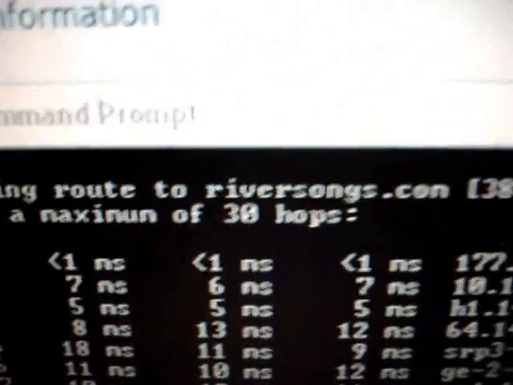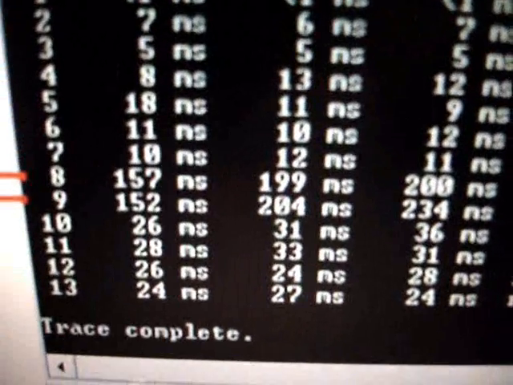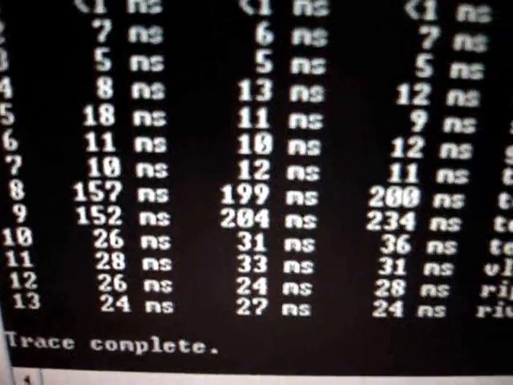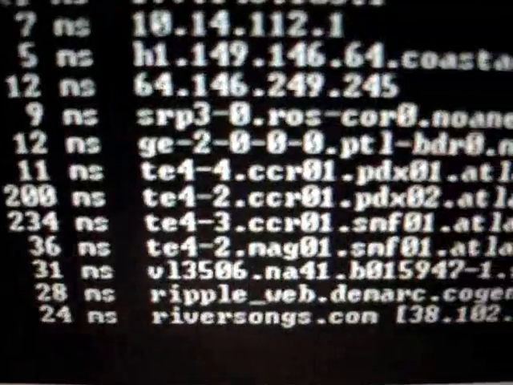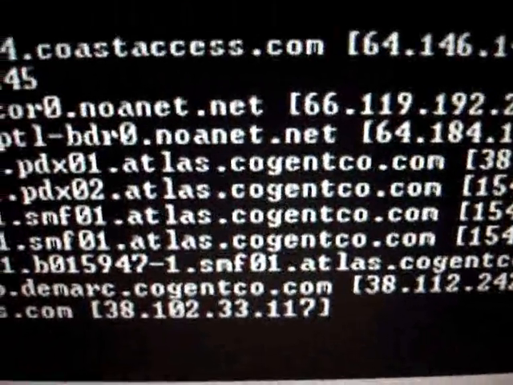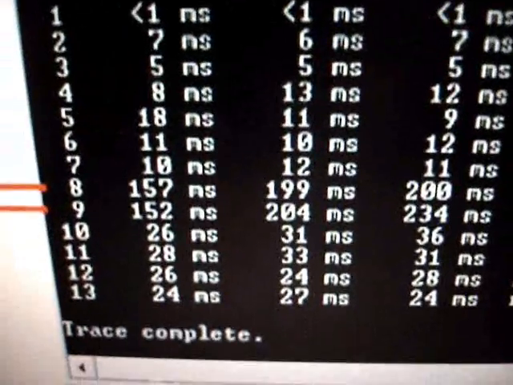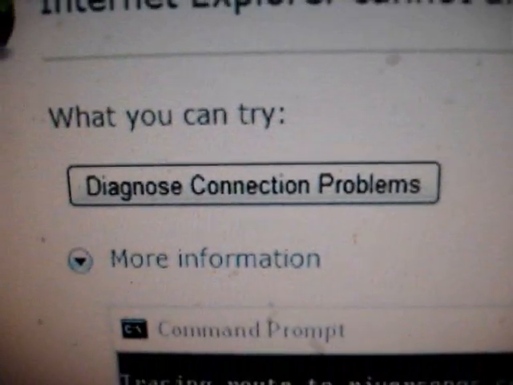I'm trying to go to my site again because I'm having problems accessing my website. Well, here we go. We have two areas that are very different from the rest, and they're both Cogent Co's, the hops along the network on the way to the server. Okay. Well, what happened there?